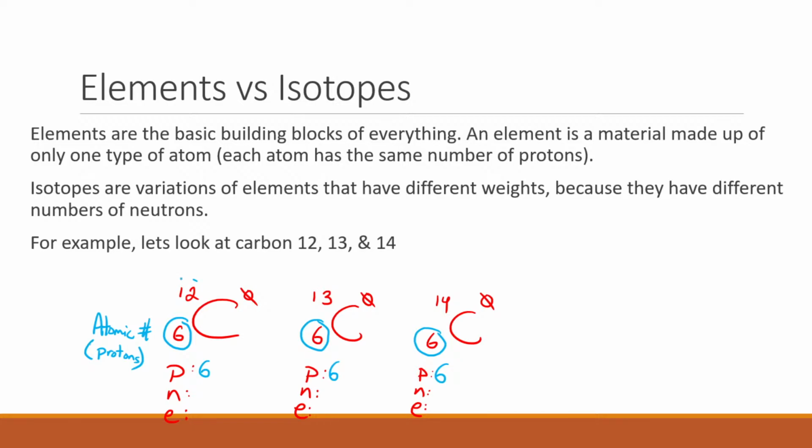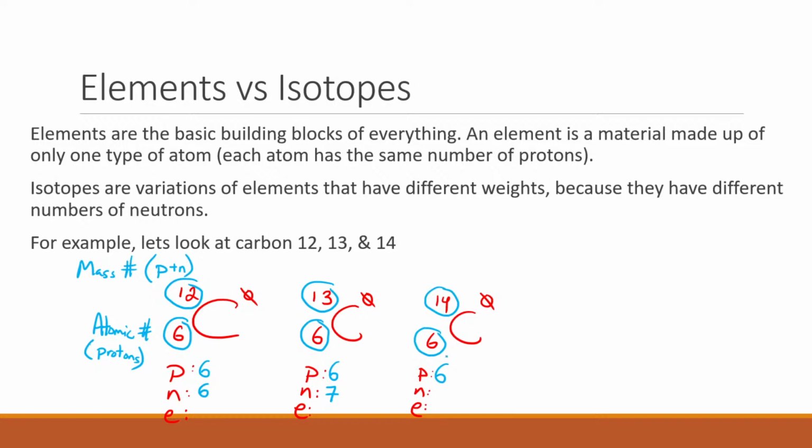We remember that this number in the upper left-hand corner is the mass number. And that is equal to the number of protons plus neutrons. So in this first atom, we've got 6 protons and 6 neutrons to make 12 total. Here, 6 plus 7 gives us 13 total.